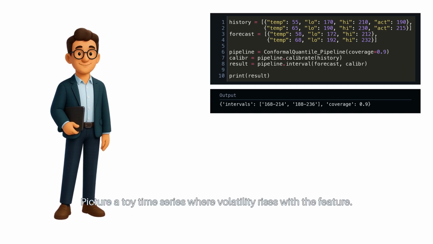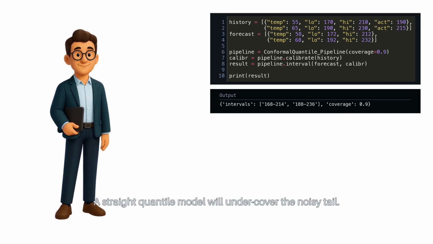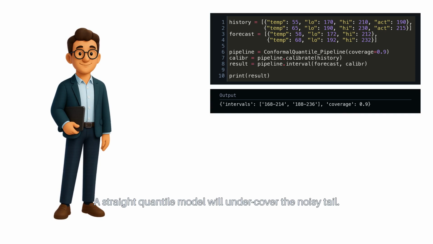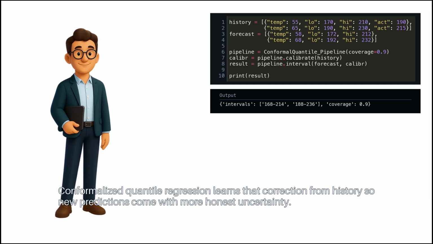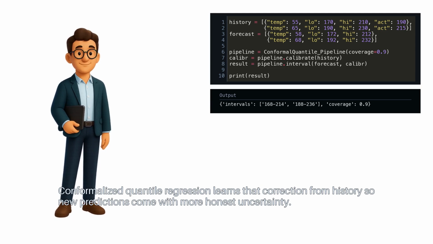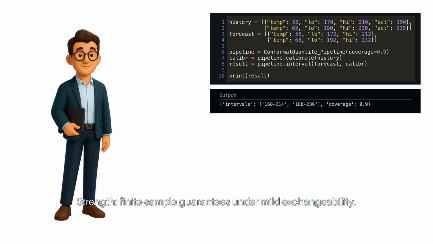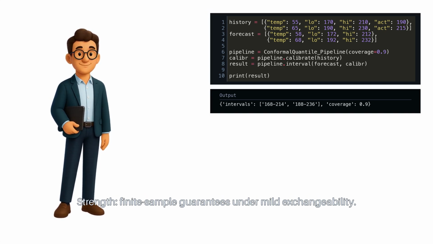Picture a toy time series where volatility rises with the feature. A straight quantile model will undercover the noisy tail. Conformalized quantile regression learns that correction from history, so new predictions come with more honest uncertainty. Strength: finite sample guarantees under mild exchangeability.